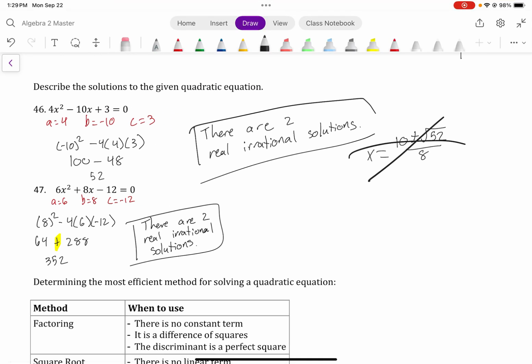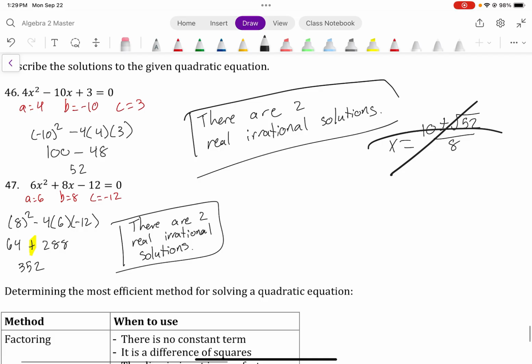Now, I said I was going to do this problem two different ways. Here's the other way. 6, 8, and 12 are all divisible by 2. If I divided both sides of my equation from the beginning by 2, I would have had 3x squared plus 4x minus 6 still equals 0.